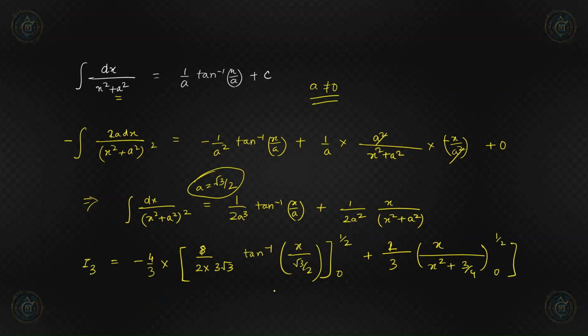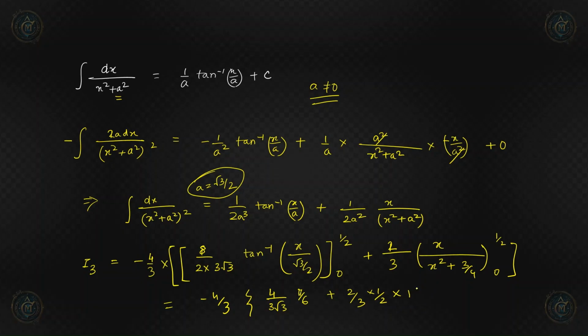So this thing becomes minus 4 by 3. So this thing becomes, simply we can say, 4 divided by 3 root 3 times tan inverse 1 by root 3, which is pi by 6. Plus this thing is 2 by 3 times half times 1 divided by 1.